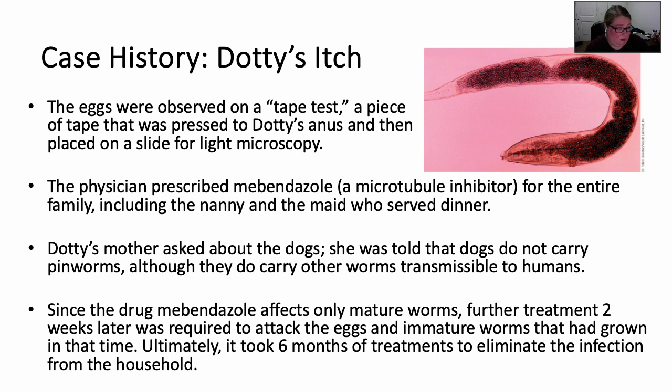This cycle repeated over and over again. Ultimately it took six months of these treatments to get this pinworm infection out of their house. It's a pretty intensive schedule for treatment, and it takes a long time.